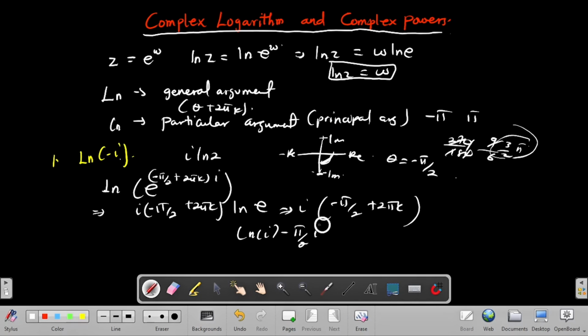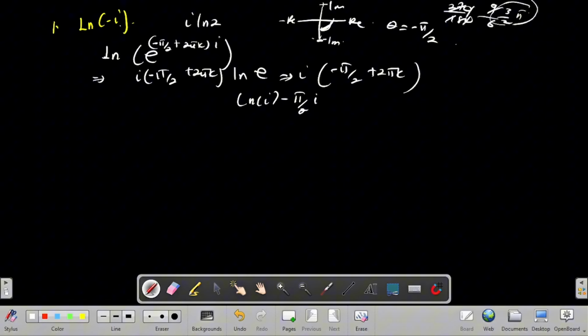Okay. As simple as that. But the argument is simply pi on 2. Okay. So this is how we solve. It's very simple. Please, logarithm of a complex number is simply you just trying to bring down a power, multiplying stuff, and re-expressing. That's all.